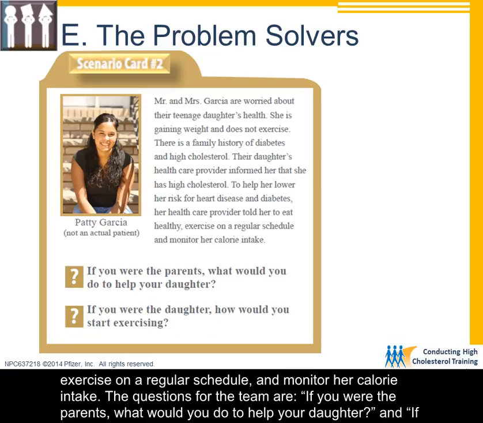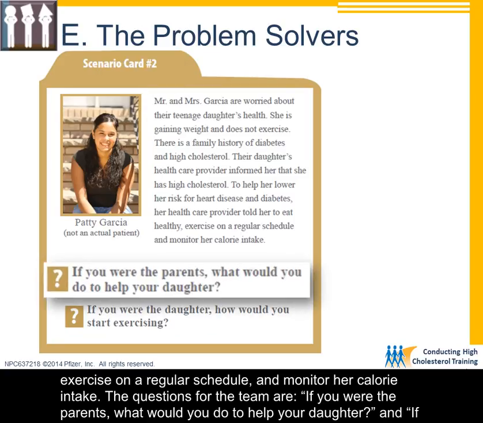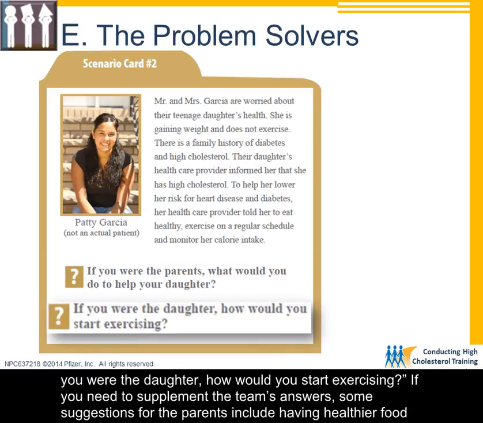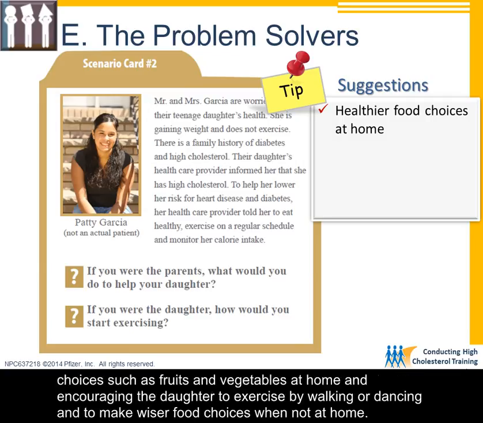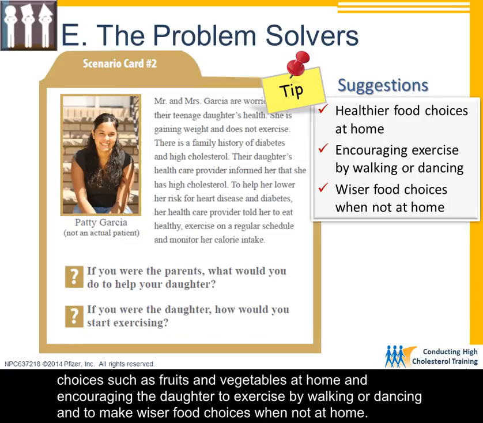The questions for the team are, if you were the parents, what would you do to help your daughter? And if you were the daughter, how would you start exercising? If you need to supplement the team's answers, some suggestions for the parents include having healthier food choices, such as fruits and vegetables, at home, and encouraging the daughter to exercise by walking or dancing, and to make wiser food choices when not at home.